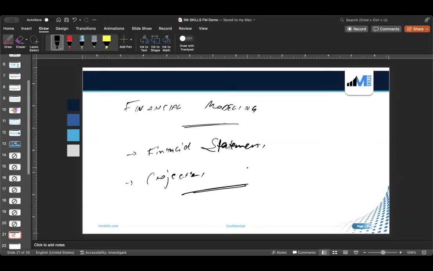So, financial modeling is going to be a tool that will help businesses evaluate what the future is going to look like.